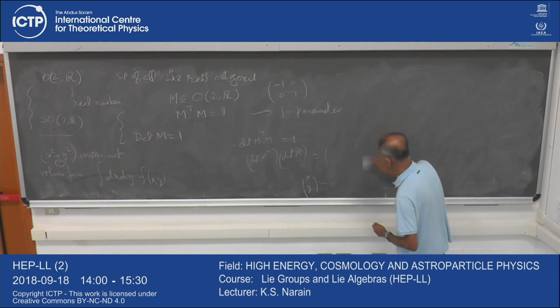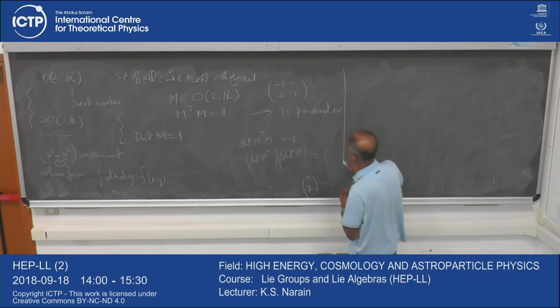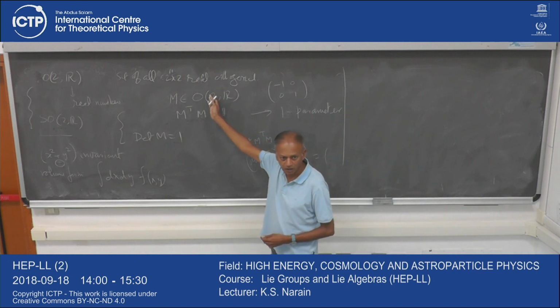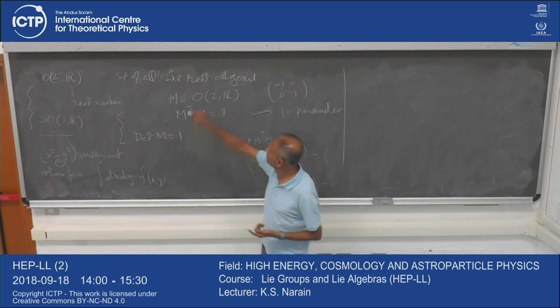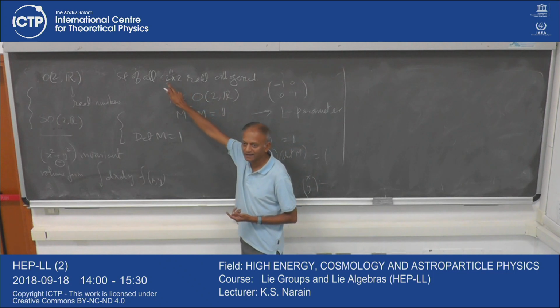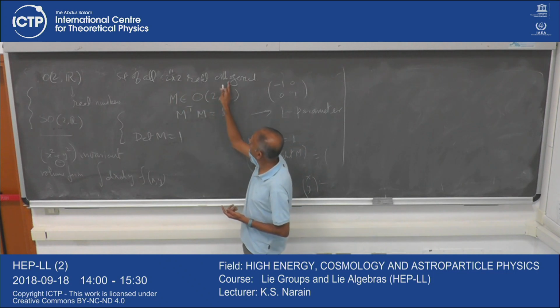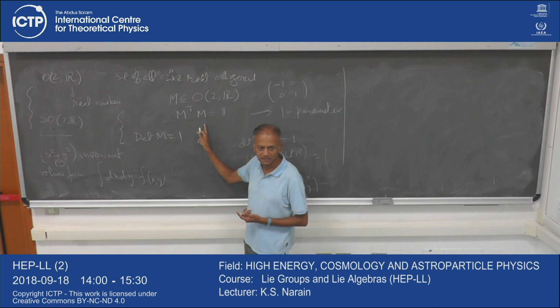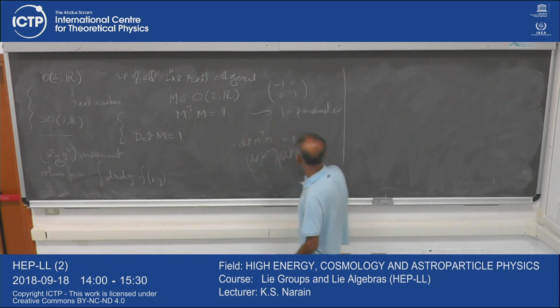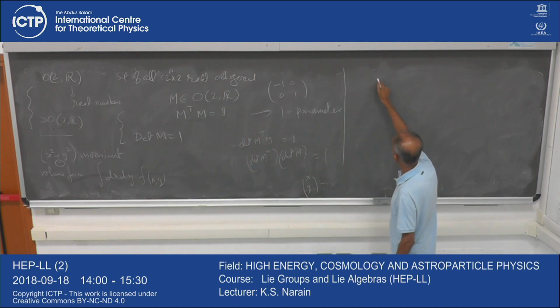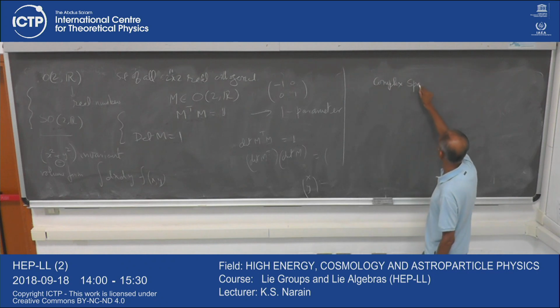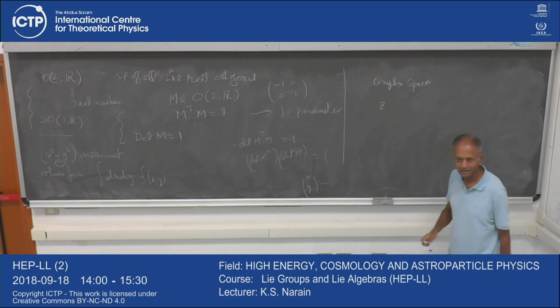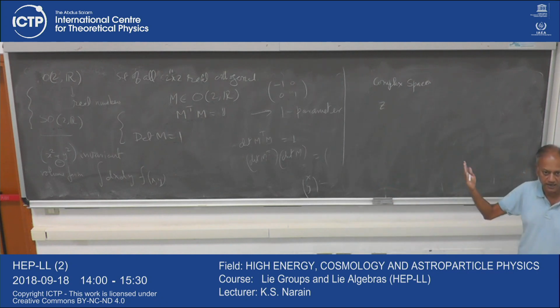Just like we described O2, or more generally you can talk about ON, where ON would just mean replace this 2 by n. N cross n real matrices will satisfy this condition. In the same way, you can talk about complex spaces. The simplest one is simply one complex coordinate Z, and of course its complex conjugate Z bar.